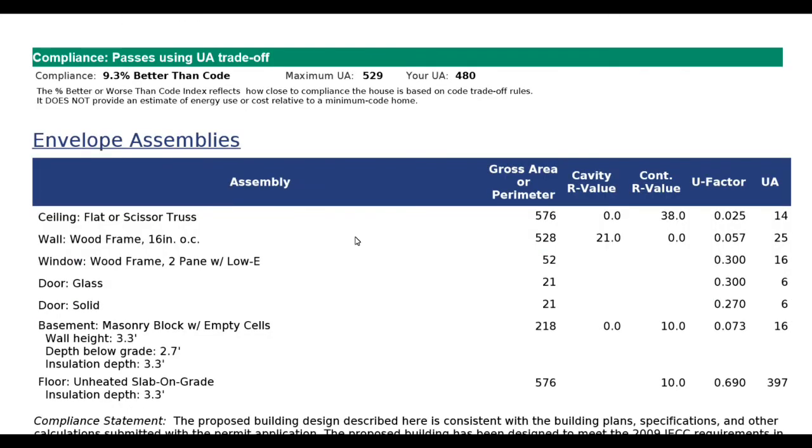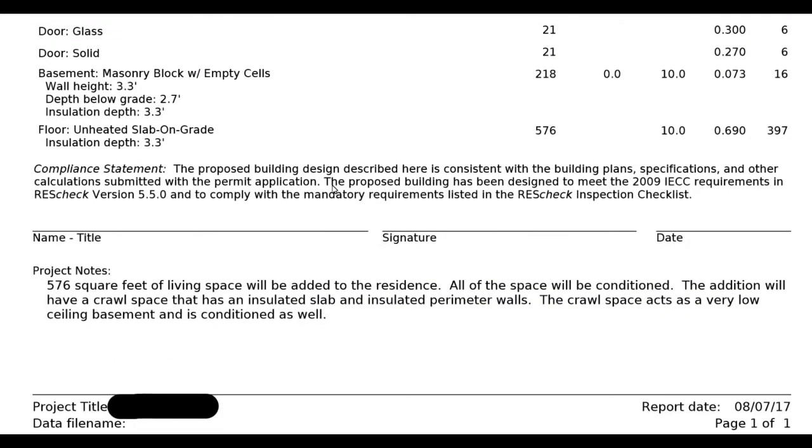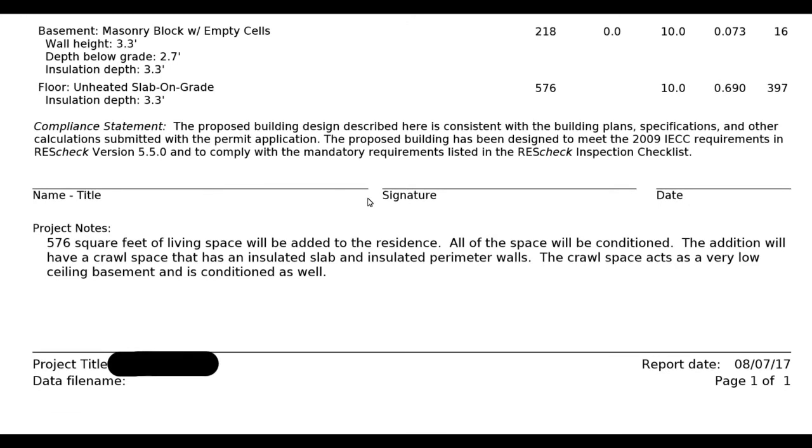Breaks down a lot of different things. We have areas, R values, U factors, doors, windows, has the foundation, the floor, and basically this would be given to the code inspector whenever we submitted the building application.